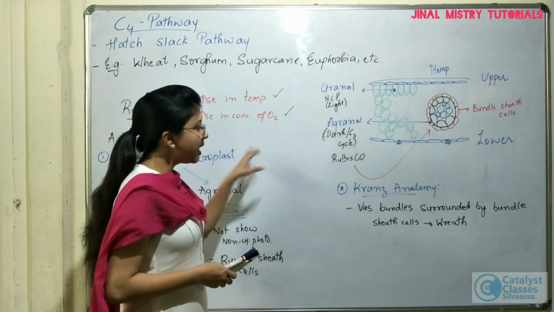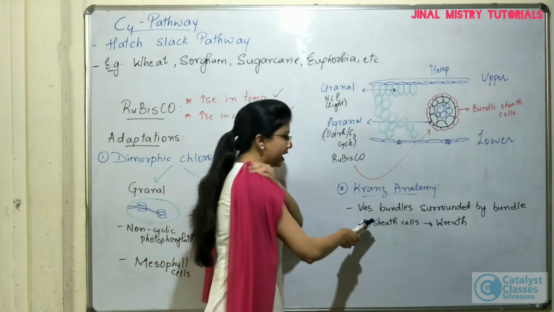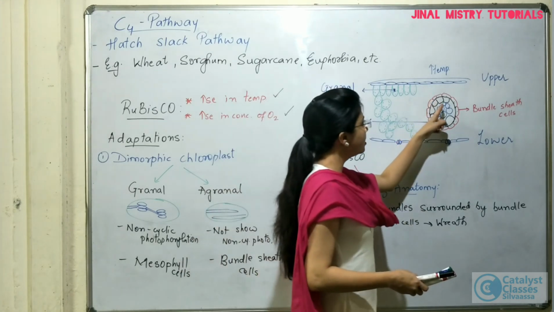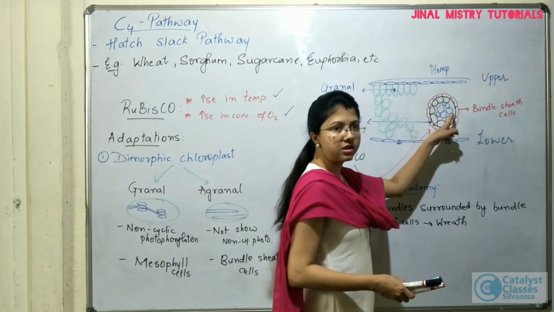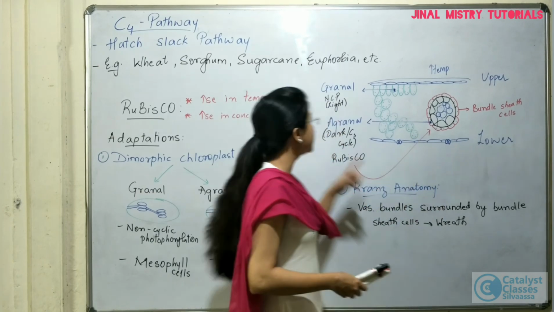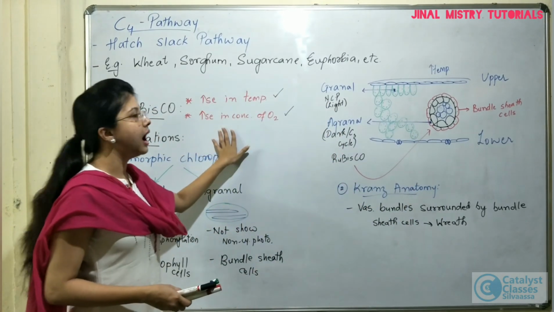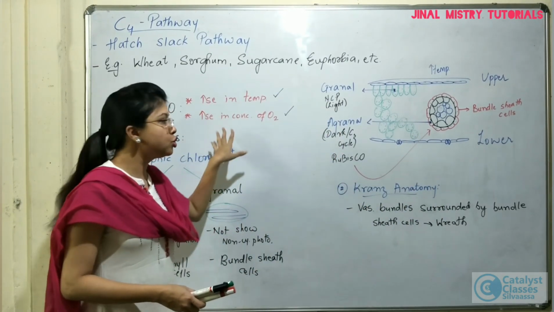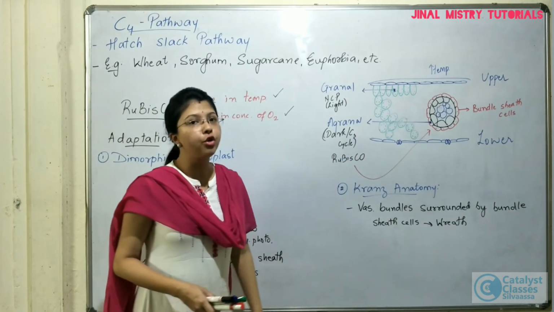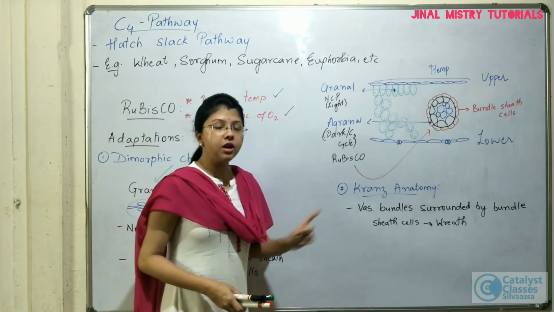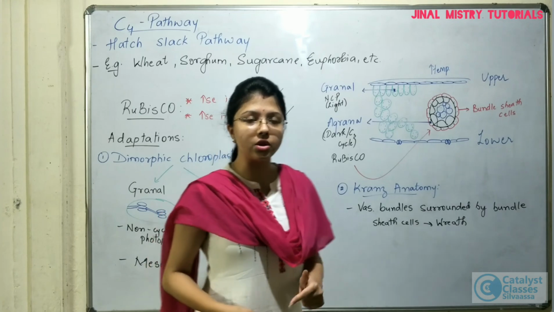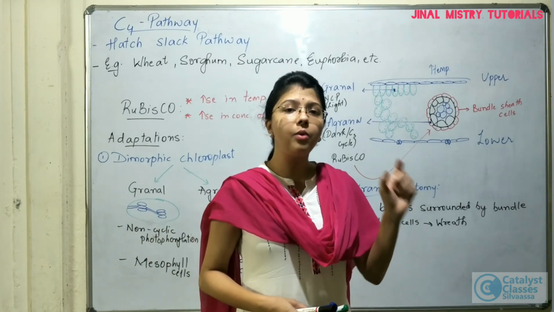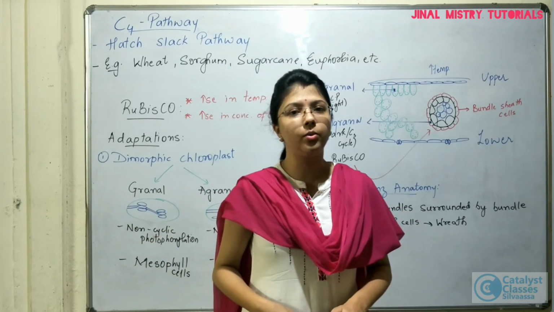Because these plants show Kranz anatomy, wherein the vascular bundles are surrounded by the bundle sheath cells, they have the benefit that high temperature and high concentration of oxygen do not affect the activity of Rubisco. Okay, talking about the adaptations, we will now see how exactly the C4 pathway is conducted.